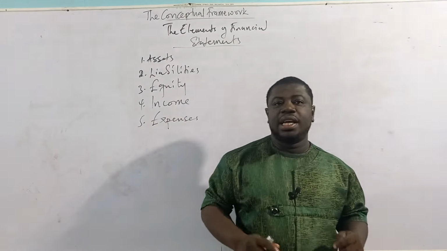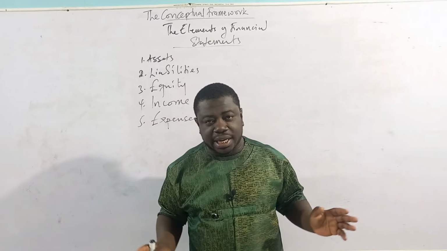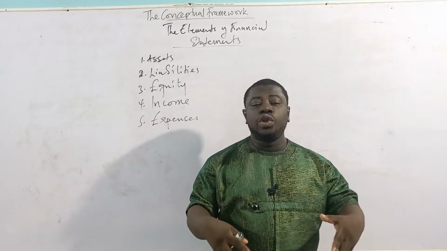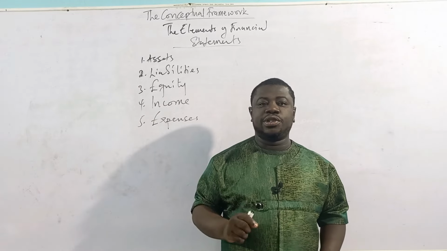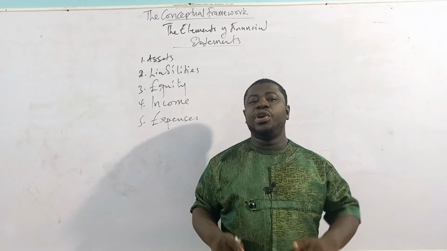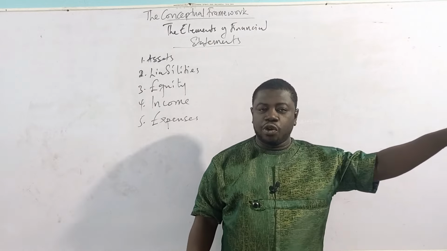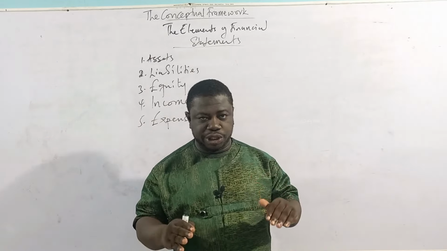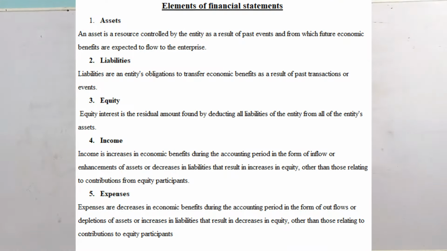Now, what is an asset? Let's begin with that. According to the conceptual framework, an asset is a resource controlled by an entity as a result of past events and from which future economic benefits will flow to the entity. So I'll take it again and I'm going to put it on your screen. An asset is a resource controlled by an entity as a result of past events and from which future economic benefits are expected to flow to the entity.